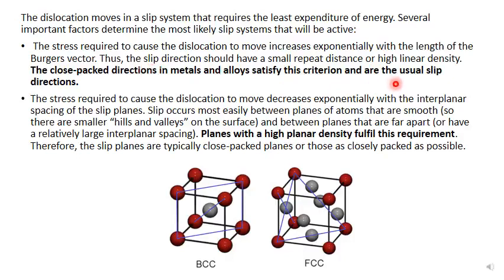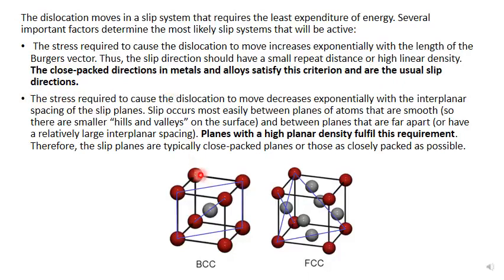Thus, the slip direction should have a small repeat distance or high linear density. The close-packed directions in metals and alloys satisfy this criterion and are the usual slip directions.